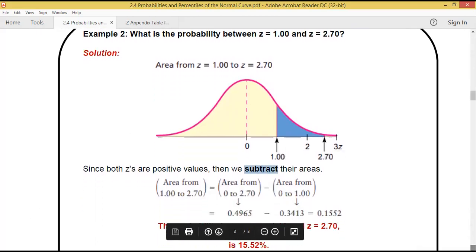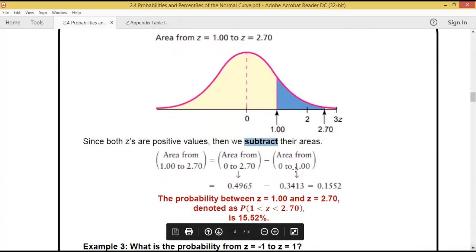Thus, looking at our z-table, the area for 2.70 is 0.4965 minus the area of 1, which is 0.3413. The difference is 0.1552. Writing it in a percentage, the probability between z equals 1 and z equals 2.70 is 15.52%.